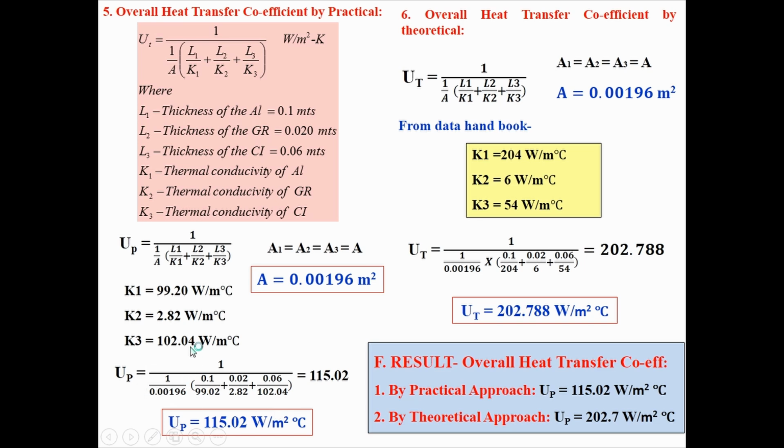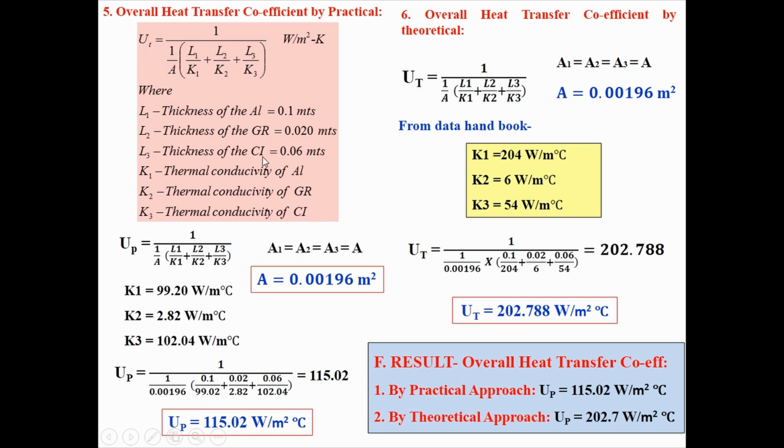Why is it practical? Because we calculated the thermal conductivity practically, and the same values we substituted here to calculate the overall heat transfer coefficient, so it becomes the practical overall heat transfer coefficient. Similarly, with the same equation, I will calculate the overall heat transfer coefficient by the theoretical method.